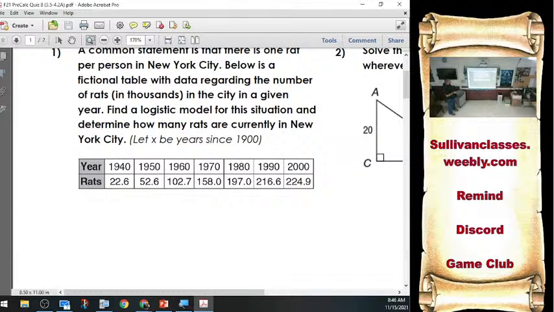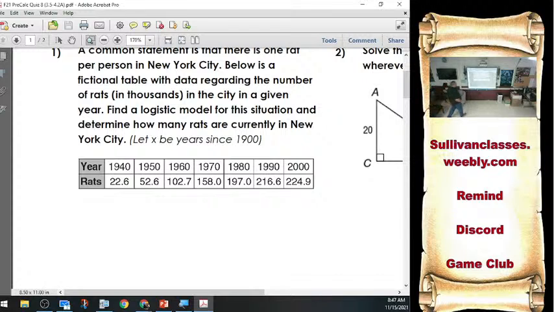Below is a table with data regarding the number of rats in thousands in the city in a given year. Find a logistic model. It's not find the appropriate model, it's not you decide. It's just straight up find the logistic model for the situation to determine how many rats are currently in New York City. Let X be years since 1900.